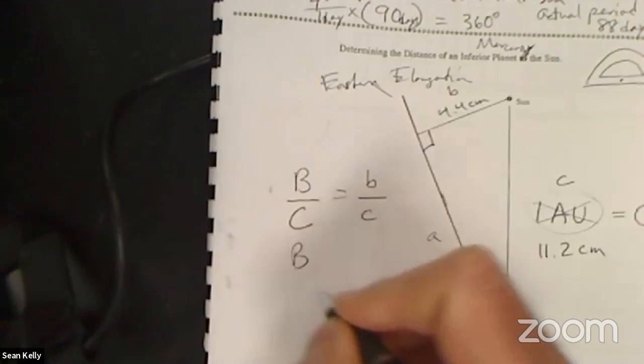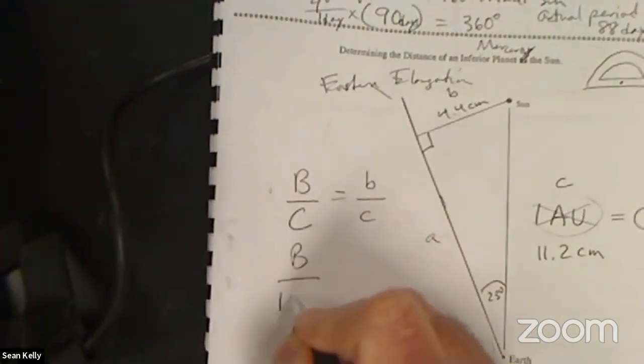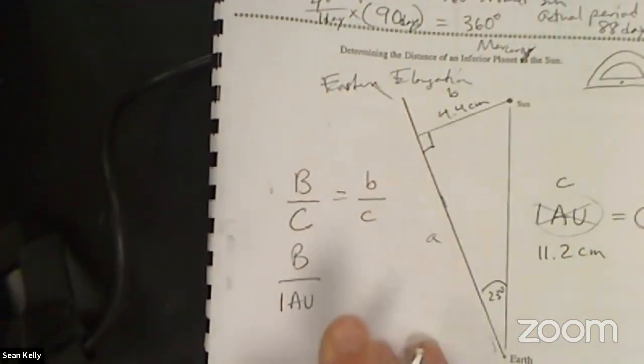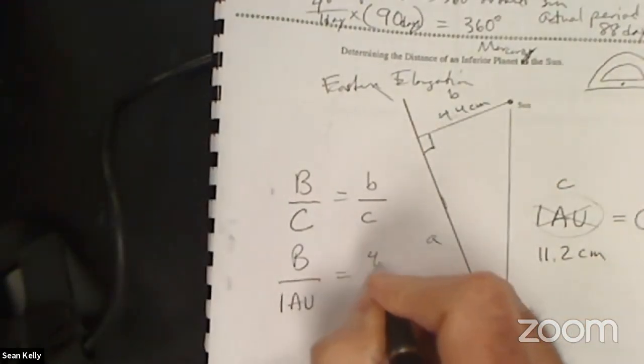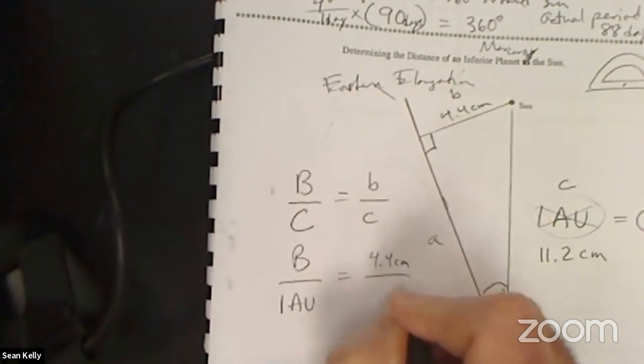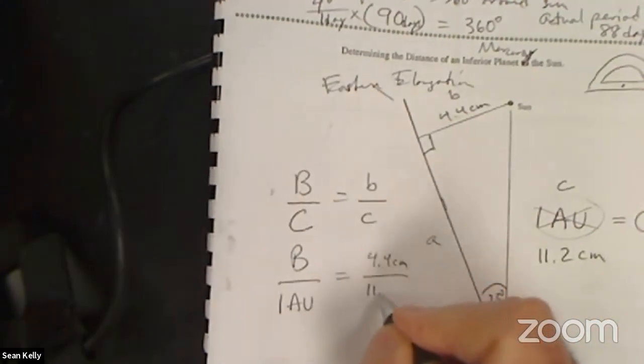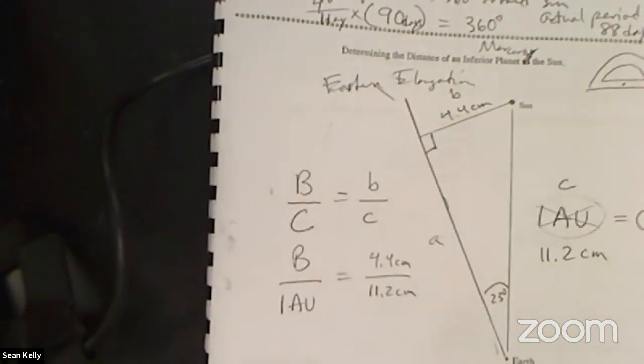So big B divided by 1 AU equals, and I put in the numbers, 4.4 divided by 11.2. I need a calculator at this point. We get a calculator out.